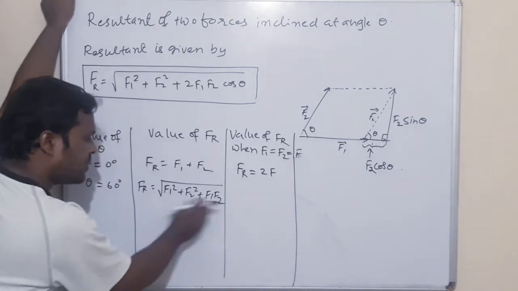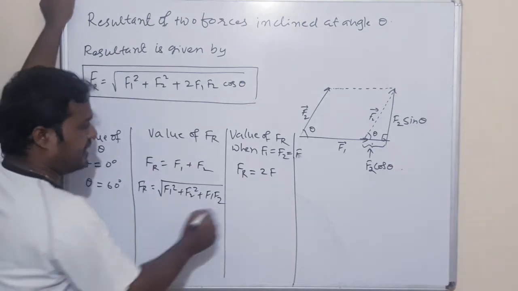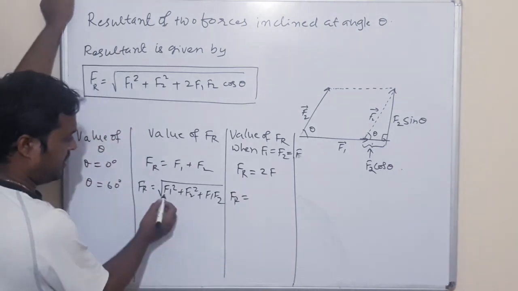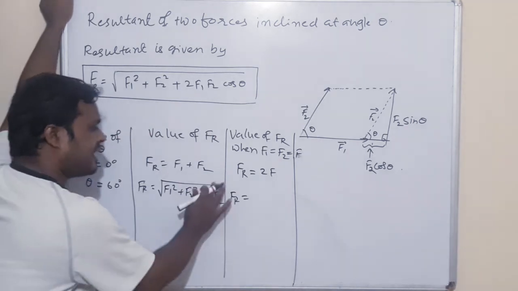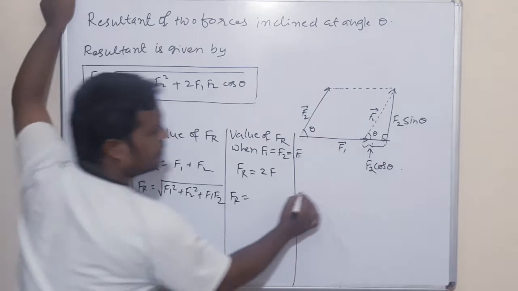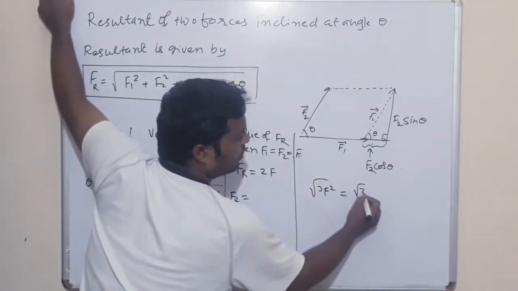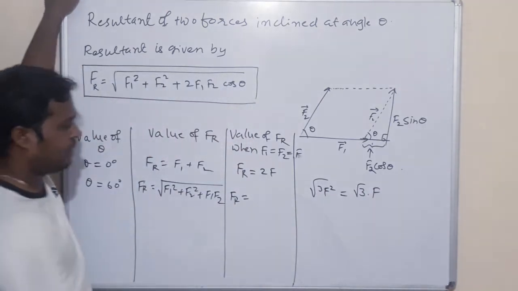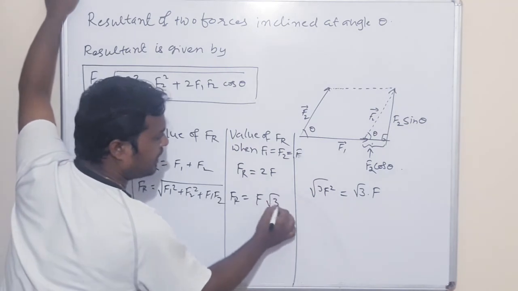If these two forces are equal, F1 equal to F2 equal to F, then the resultant is root of F square plus F square plus F square. Inside root I will get 3F square. Root of 3F square means root 3, root of F square is F. That means the resultant I will get is any one force multiplied by root 3.